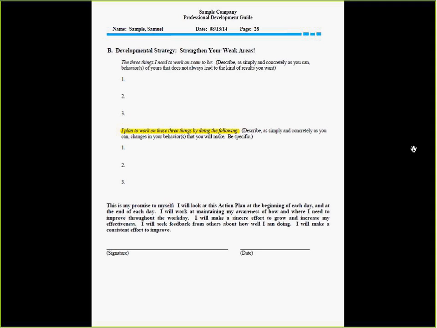These are examples of turning a general goal into actionable steps. We finish with a promise and a signature line to encourage the employee to take the process seriously and to make a sincere commitment to the effort. Remember, what gets written down gets done.